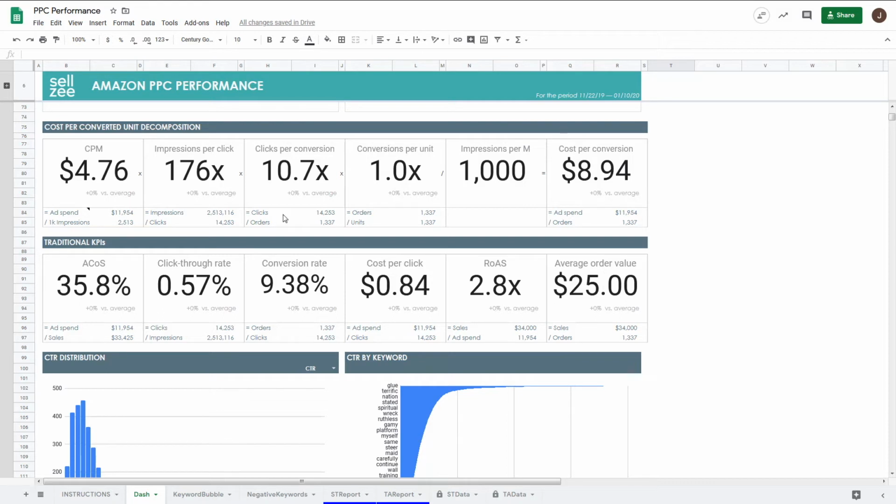So consider this. If I ask you to decompose the 36% into its component parts, what would you do? If I was like, so your ACOS is 36%, what KPI levers can you possibly pull to get that number down? Your best answer is probably going to be, well, the components are just ad spend divided by sales, so I need to either get my ad spend down or my sales up.